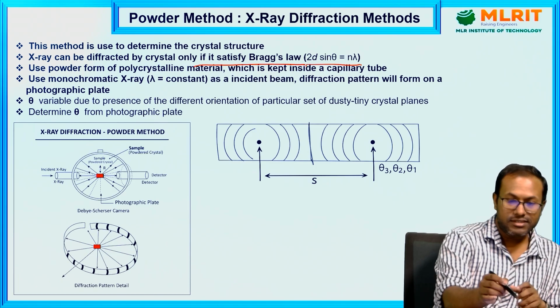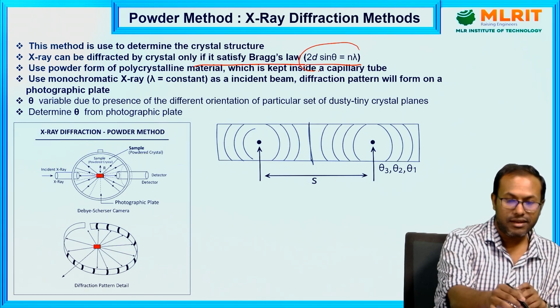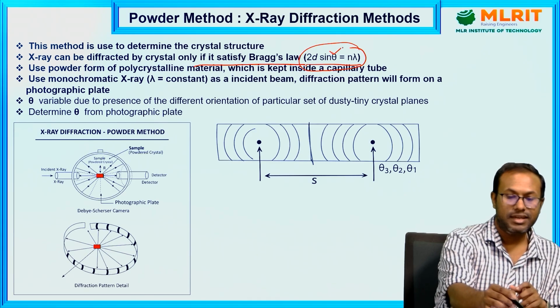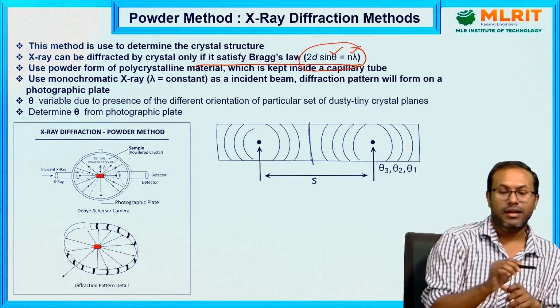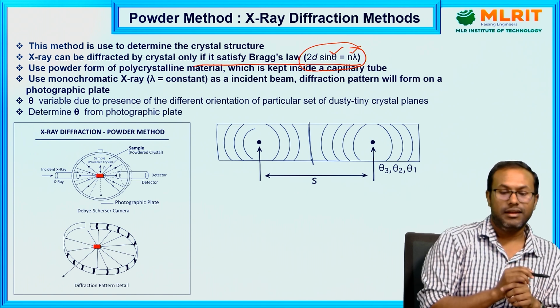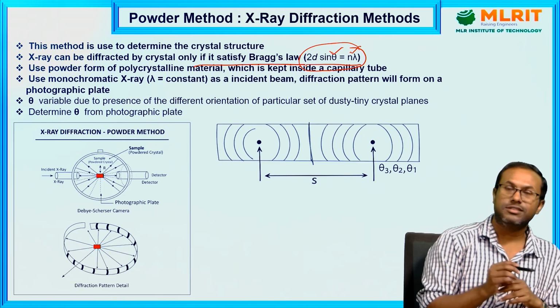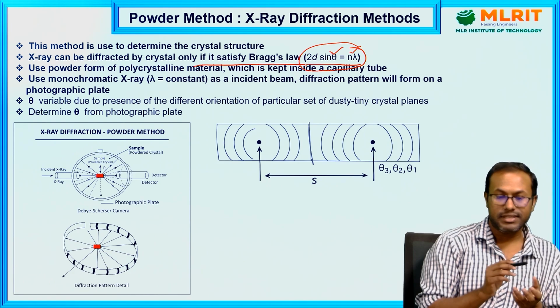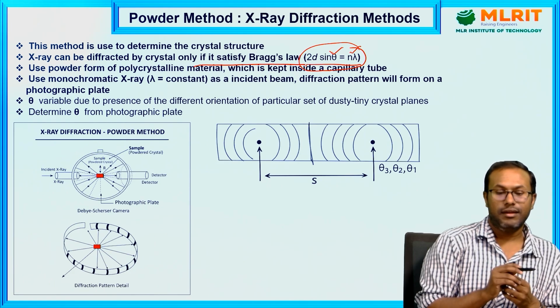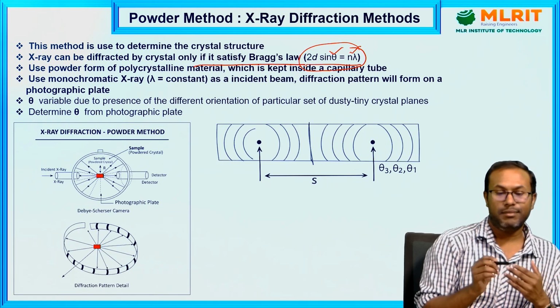If we look into this equation, there are two variables. One is theta, another is lambda. In some cases lambda will be varying and theta is constant. In some cases theta will be varying and lambda is constant.